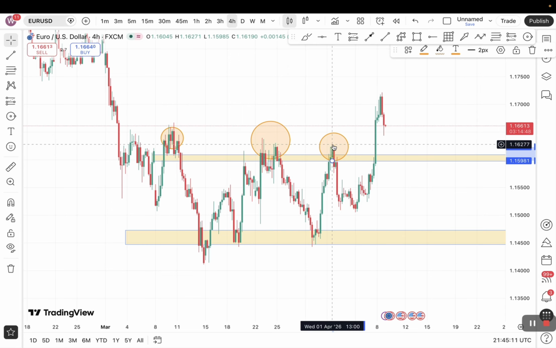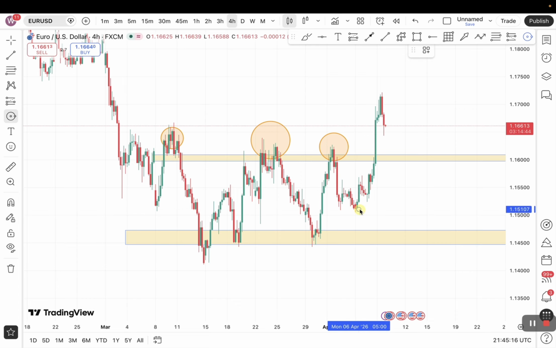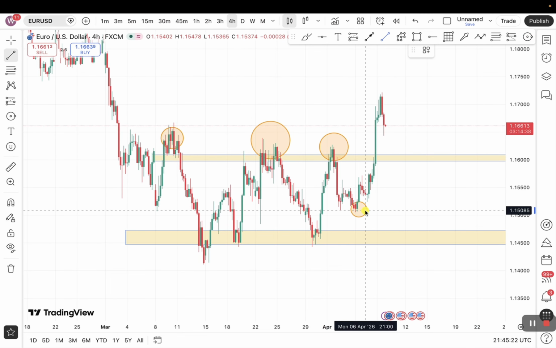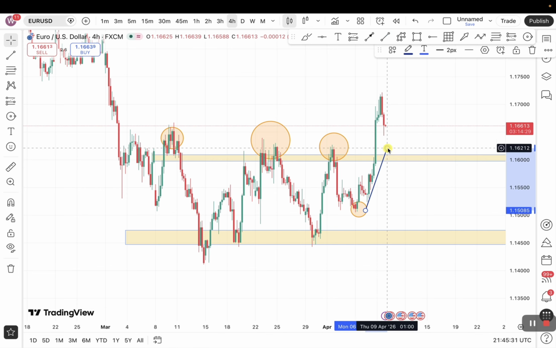But when it came back, it fell back to this particular level. After it fell, the market broke this area and started popping up. So if you want to buy now, you need to wait for the market to come back to this zone.